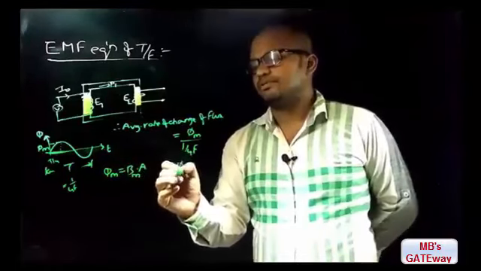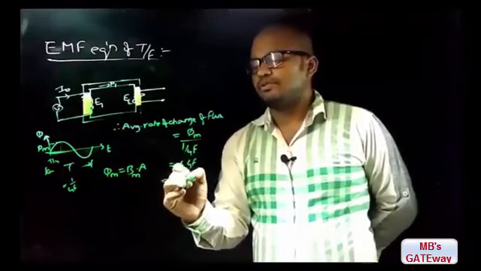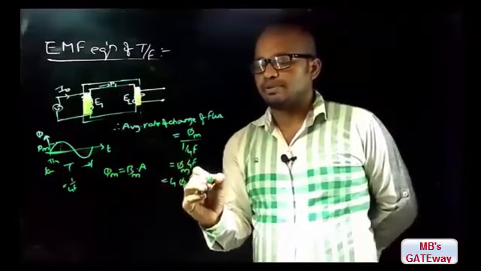That is equal to phi m into 4f, that is 4 phi m into f Webers.